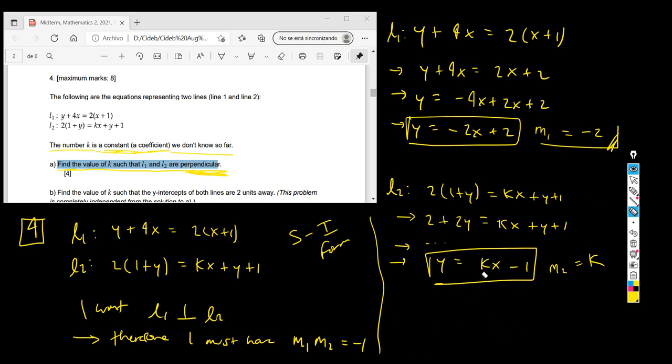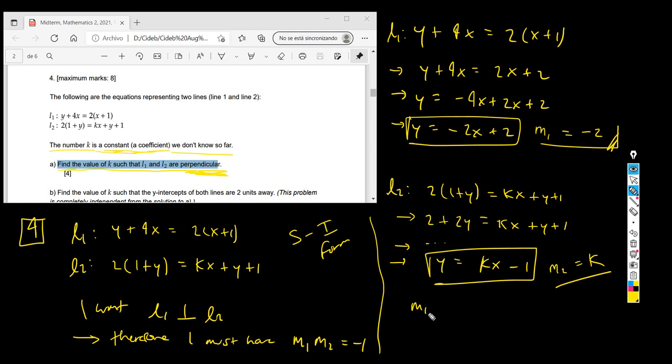Stop thinking of this as not being numbers. These things are numbers. Anything in mathematics, I mean, any variable represents a number. So this is the slope of the second line. And since we said that the multiplication of the slopes should be equal to -1, let me write that.